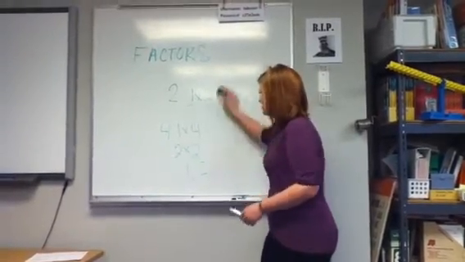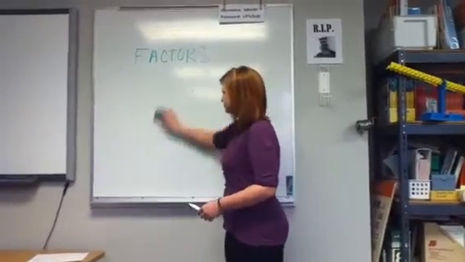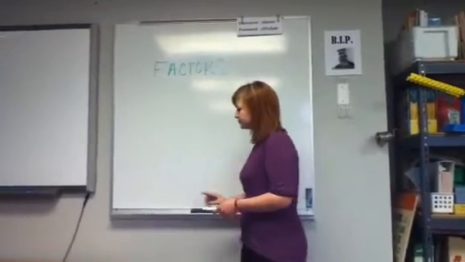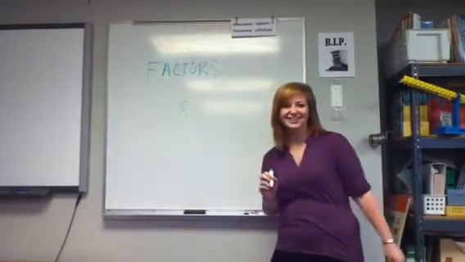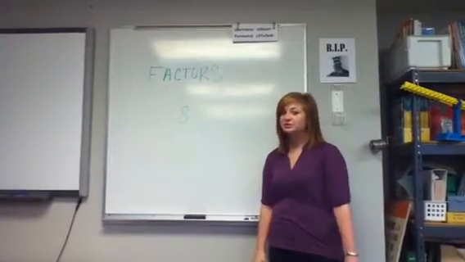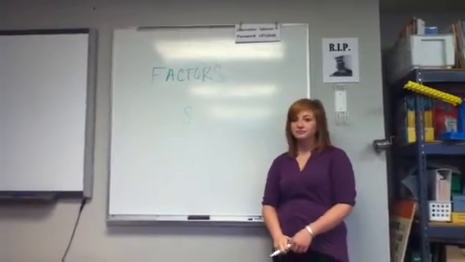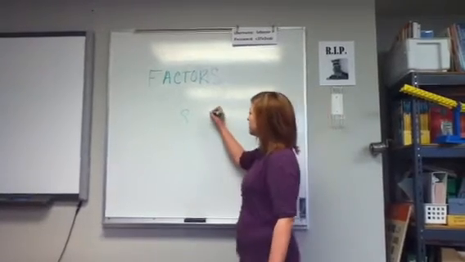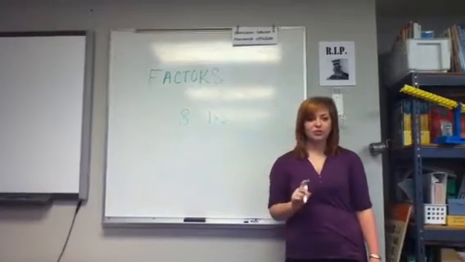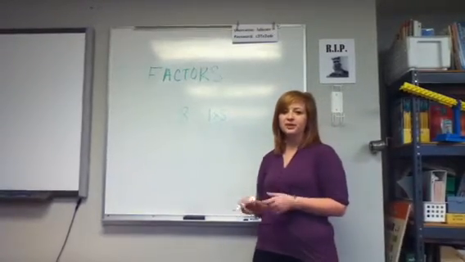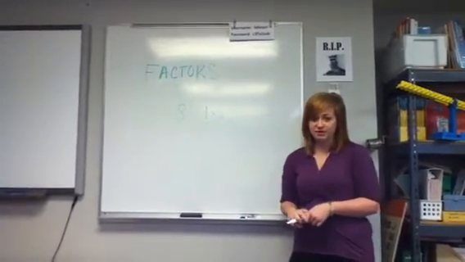Now let's try a little bit harder one. 8. Okay, class, can you tell me what two numbers multiply together to equal 8? That's right. 1 times 8. You can always start off with 1 being a factor of every number because every number can be multiplied by 1.